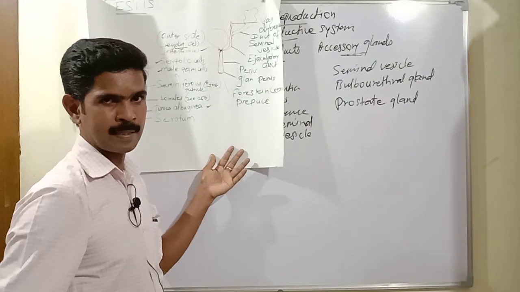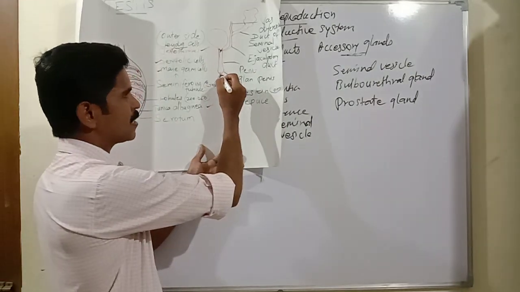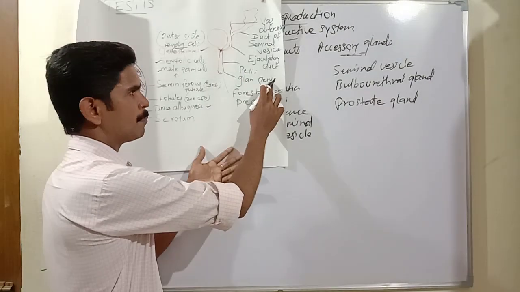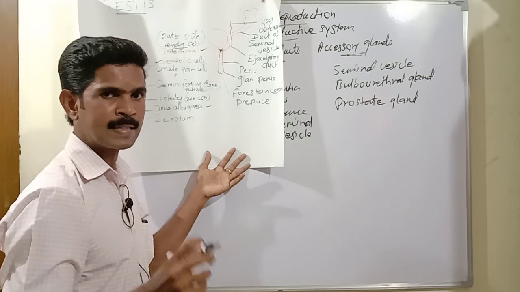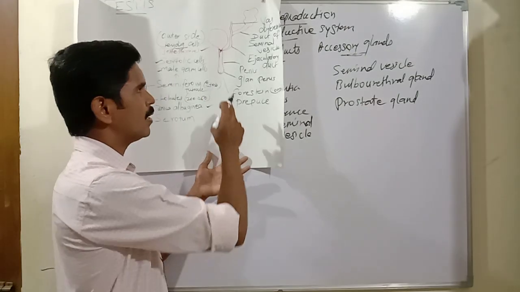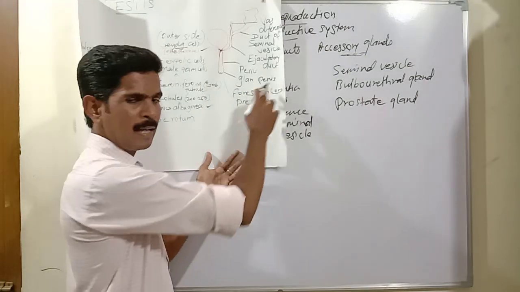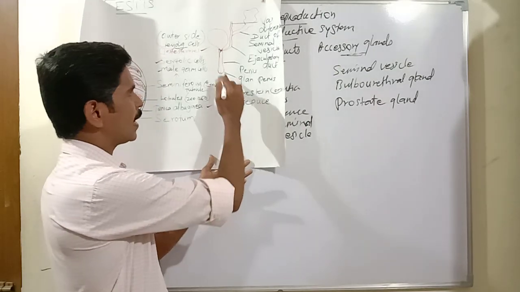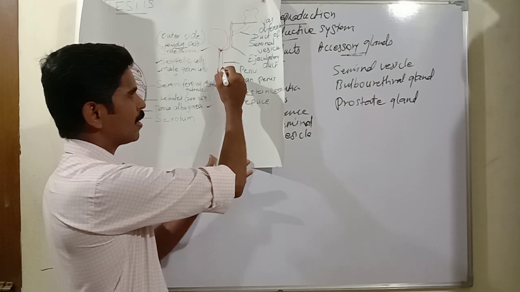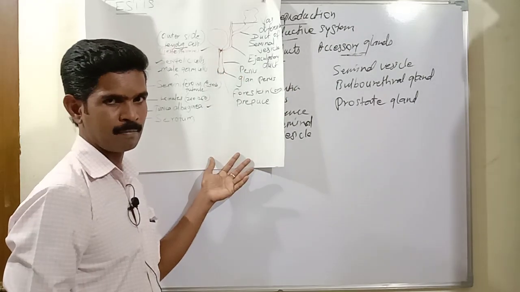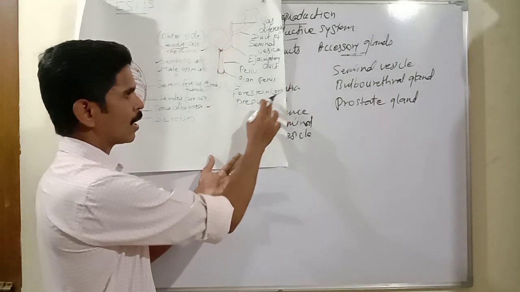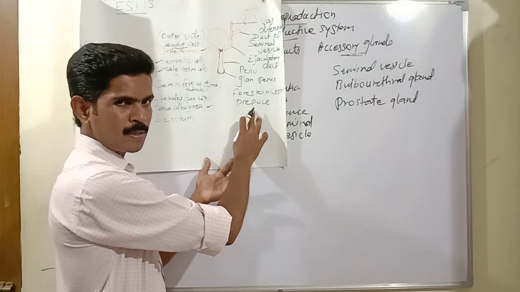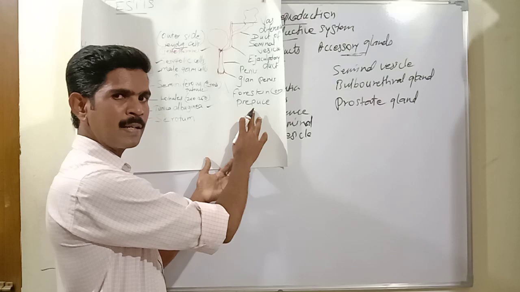At the end of the penis is a little swelling. This region is called the glans penis. Then next is the foreskin. The end of the penis is covered by a folded skin. This is called the foreskin or prepuce. Understand, my dear students?